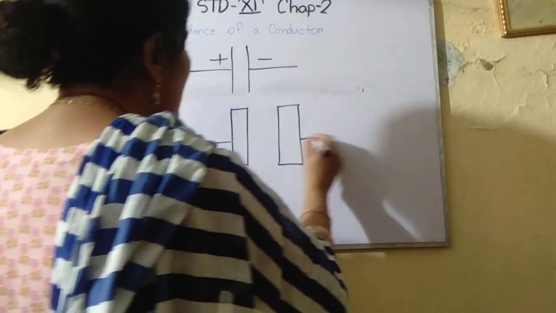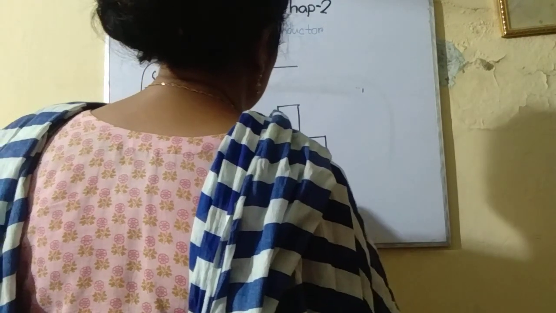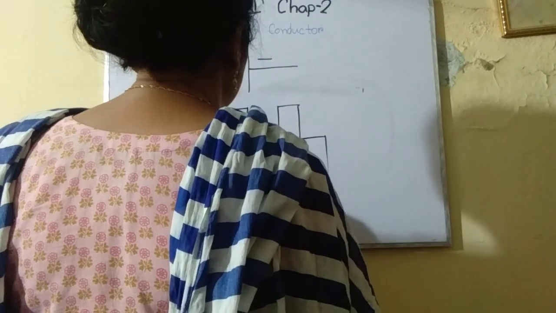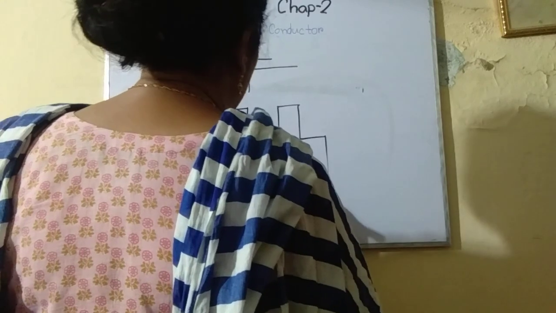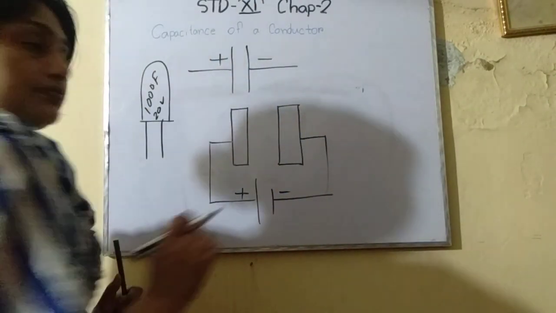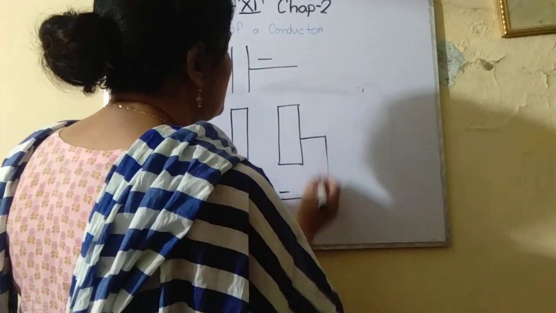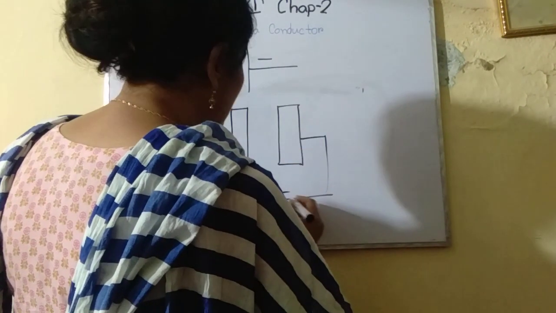So these two plates are connected with the two ends of the battery. One plate with the positive end of the battery and another one with the negative end of the battery. When this negative end of the battery is connected with this plate, then what will happen?